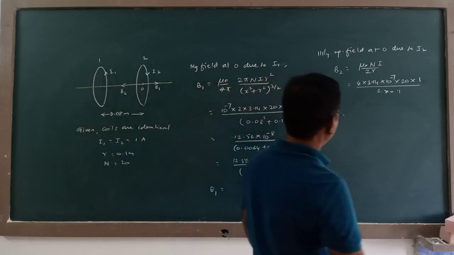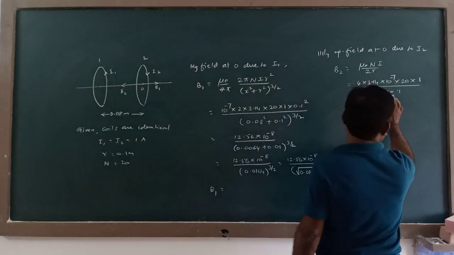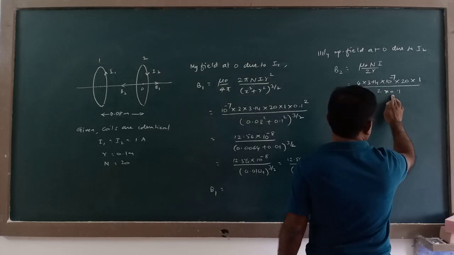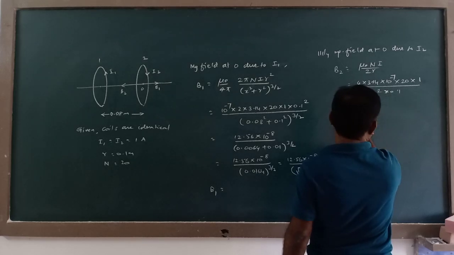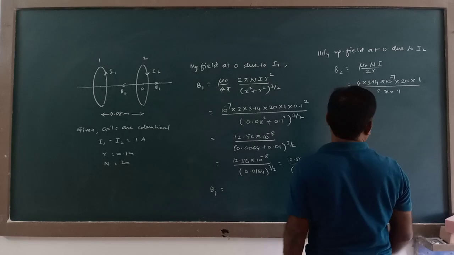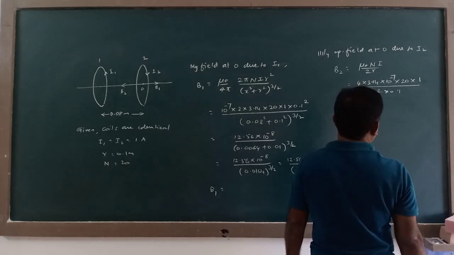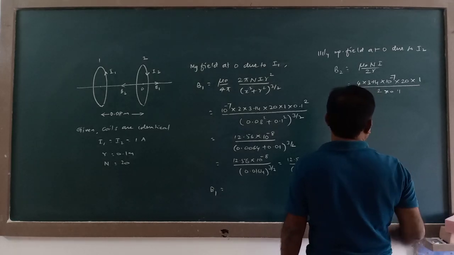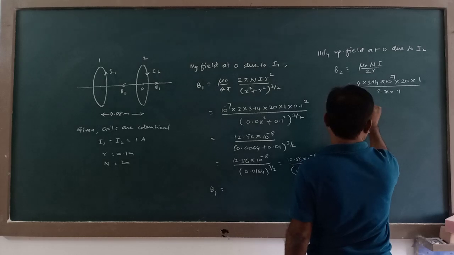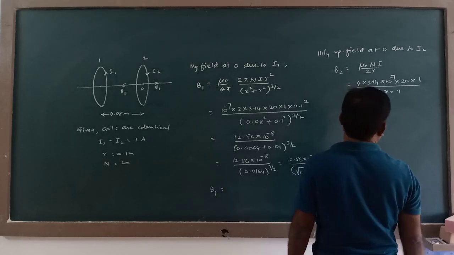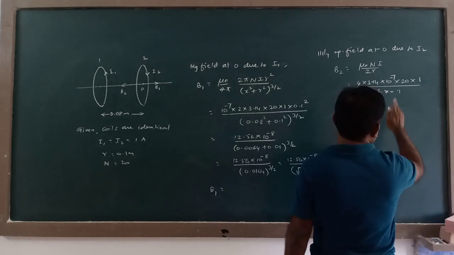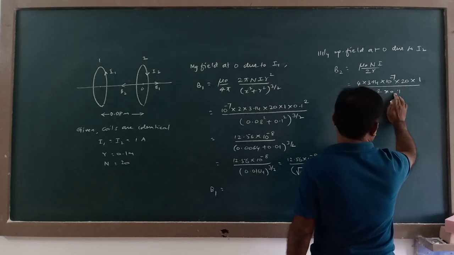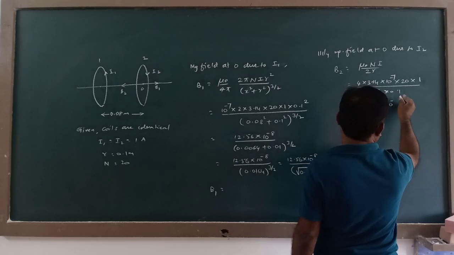So current is 1 ampere, radius is 0.1. So this is 12.56 into 10 to the power of minus 6.